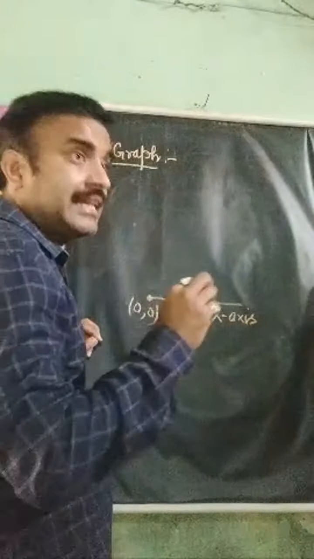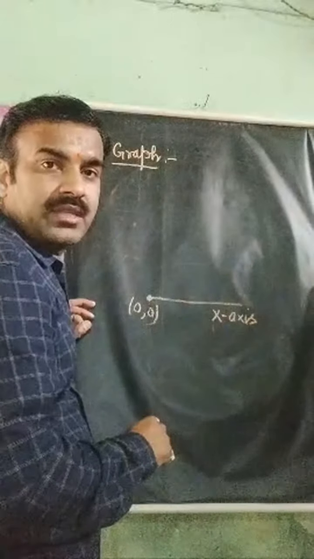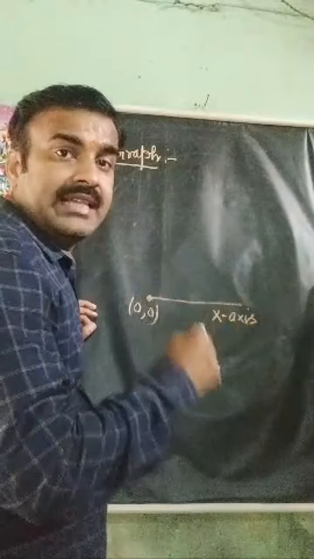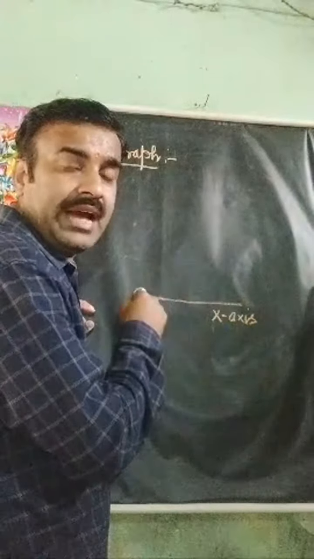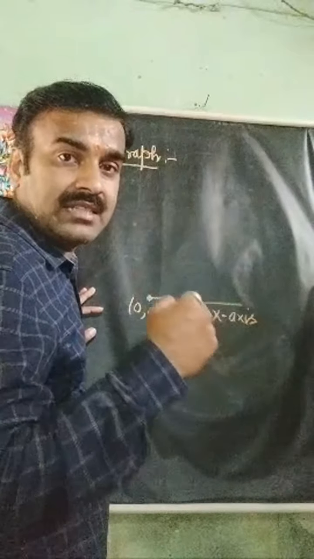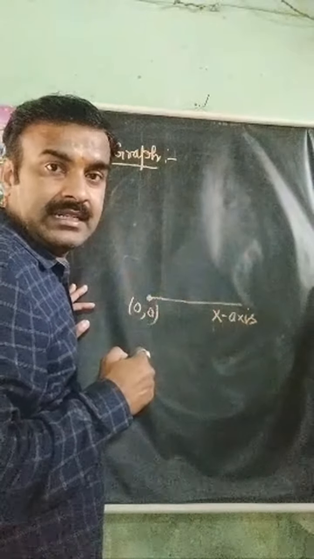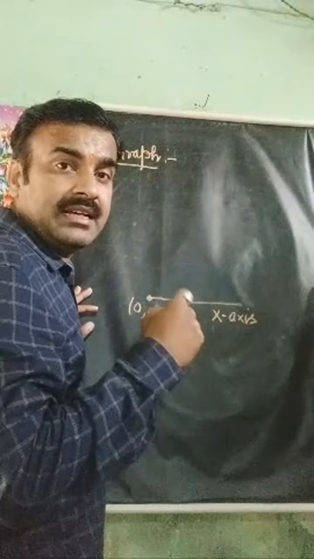In the coordinate system, from the origin, if in the horizontal mode we are moving from left to right, that is known as the x-axis.